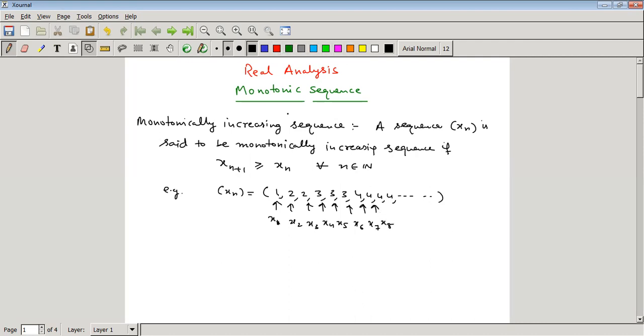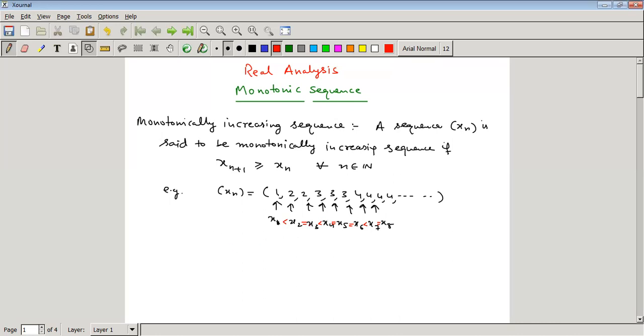What we observe is x2 is greater than x1, x3 is equal to x2, x4 is greater than x3, x5 equals x4, x6 equals x5, x7 is greater than x6, x8 equals x7. So for all the terms, the next term is either bigger than the previous term or equal to it.